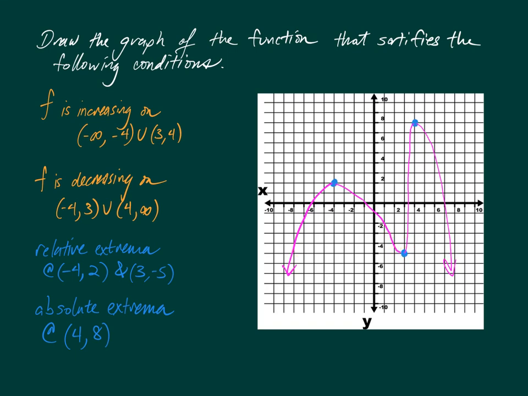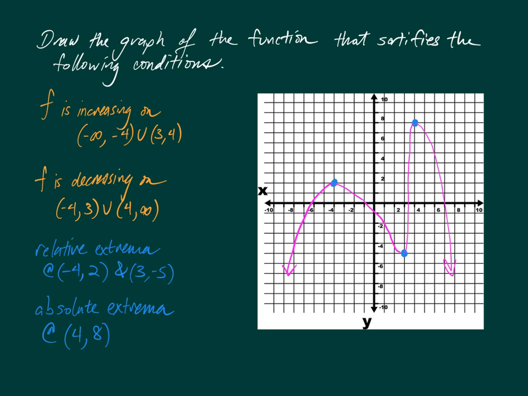But this graph continues down forever, off to the left and off to the right. So this is definitely not the lowest point. But then here at 4, 8, this is definitely the tallest point on the graph. So that will be my absolute extrema. And then it goes down forever to the left, to the right. Okay, that looks like everything is there.